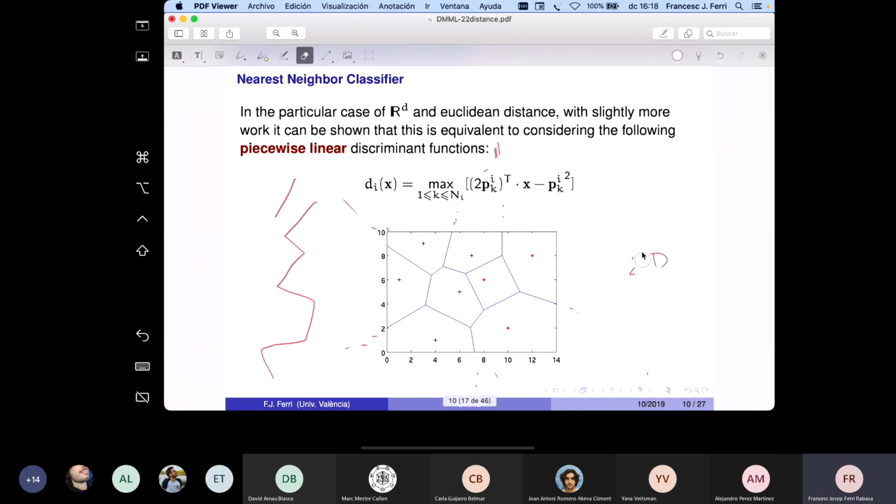What would be the Voronoi diagram of a set like this?